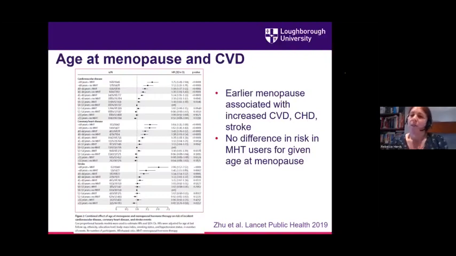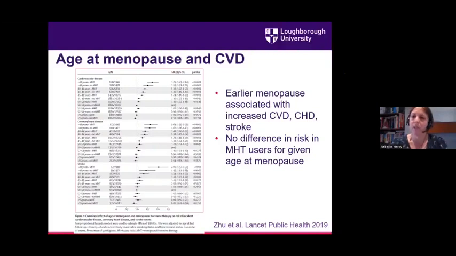But when we're looking at observational studies, we therefore have to adjust for all these characteristics to try to isolate the effect of earlier menopause or menopausal age on cardiovascular disease risk. And this is a paper that I've been involved in, and it's a big consortium.